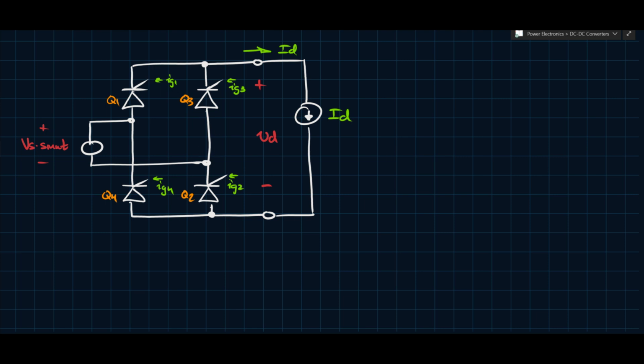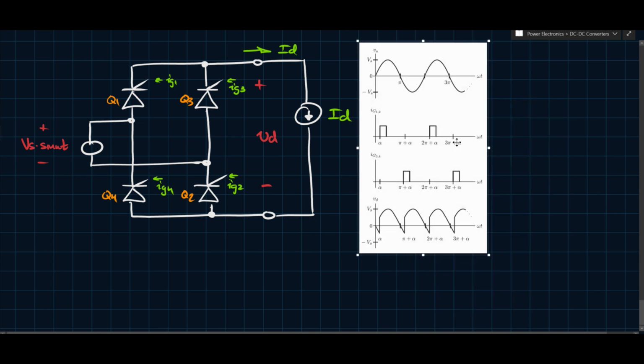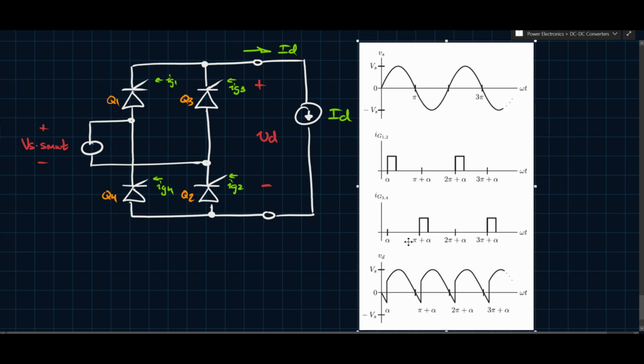Okay, so we're going to look at some waveforms, because waveforms really tell us what's going on. Vs is obviously the source voltage here. I haven't labeled it explicitly, but Vs is that voltage there. We see it goes between positive Vs and negative Vs. It's a sine wave, positive between 0 and pi, and negative between pi and 2 pi.